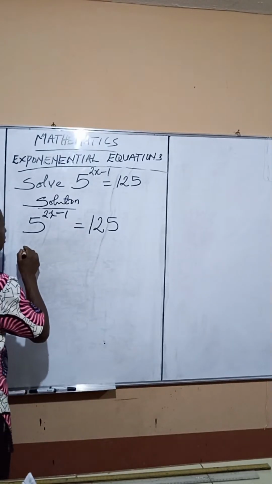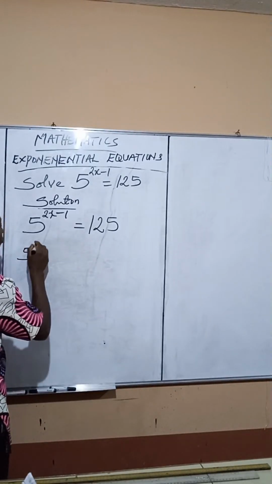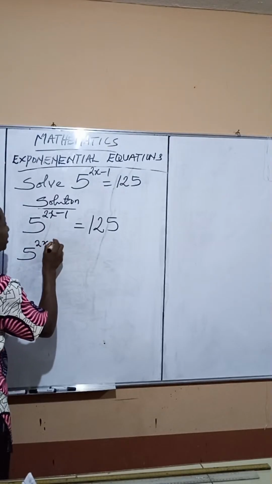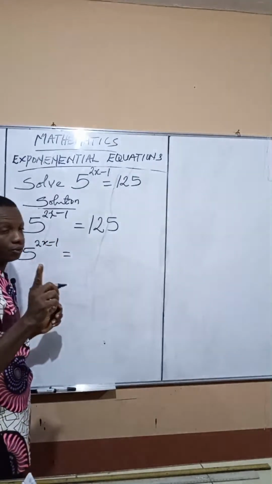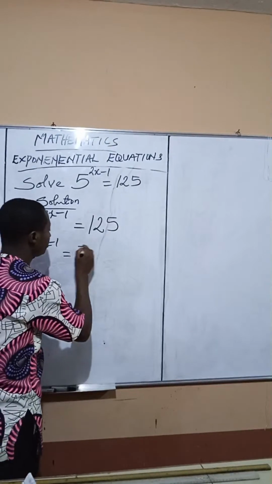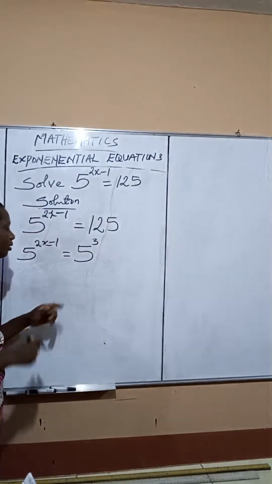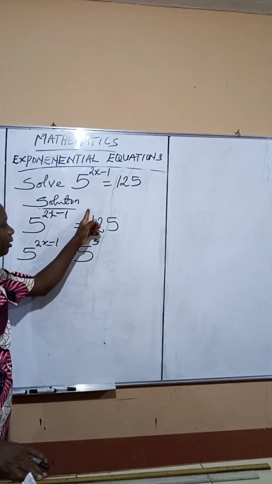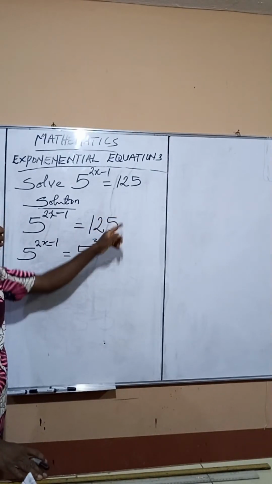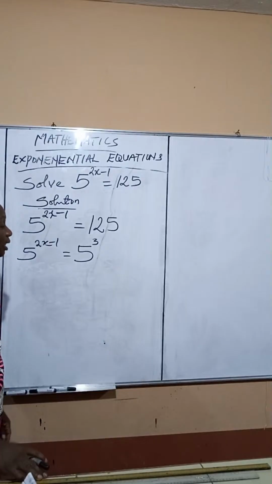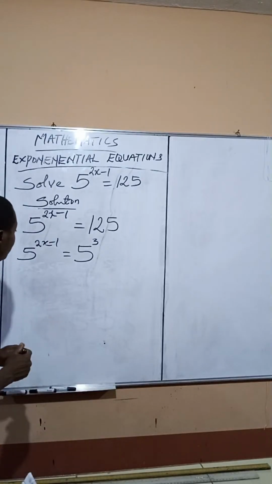Which means 5 raised to 2x minus 1 is going to equal 5 raised to 3, because 5 raised to 3 is the same as 125. I hope it is very clear.